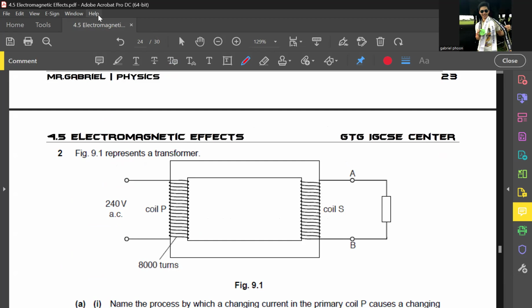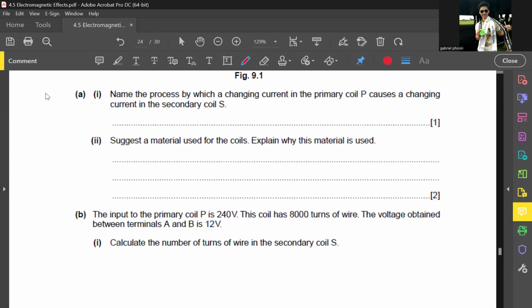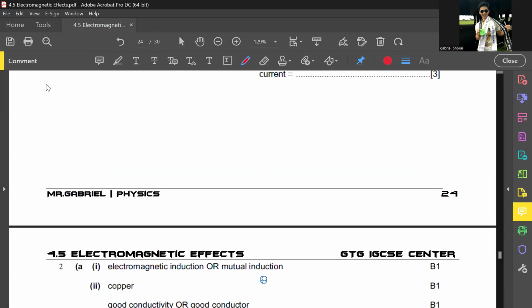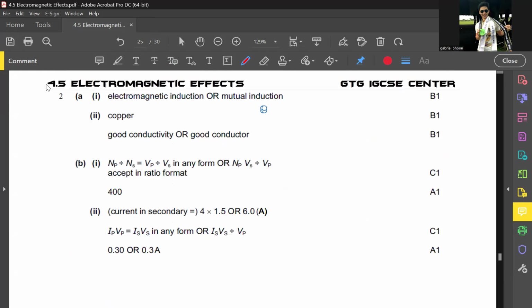Bro, not on the right. I can't see. Scroll down. Yeah, it's good. Good conductivity. I got that easy. 400 correct. Easy, 0.3 correct. Don't play, bro. Next week.